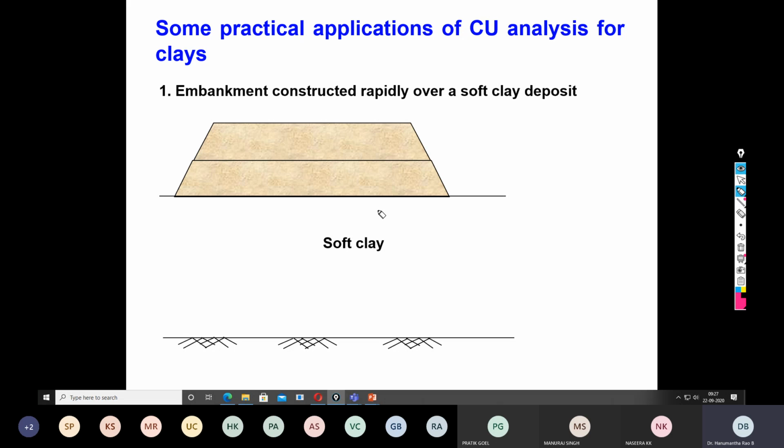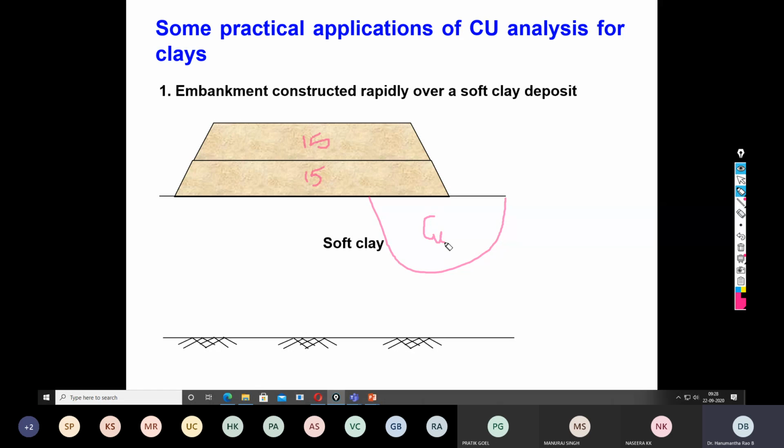Okay. Now let's see. As I told you, it took 15 plus 15 days for filling or raising of the embankment in two tiers. Now suppose within these 30 days, if this soft soil fails, then this condition is called a slow failure under undrained condition.